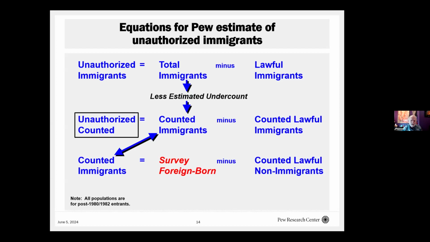And the way we handle it at Pew is we take them out of the survey. These are people here on student visas, temporary work visas, H-1B, J visas like visiting professors, foreign diplomats, and so forth. And so by taking them out of the survey, we can focus on the immigrant population here.